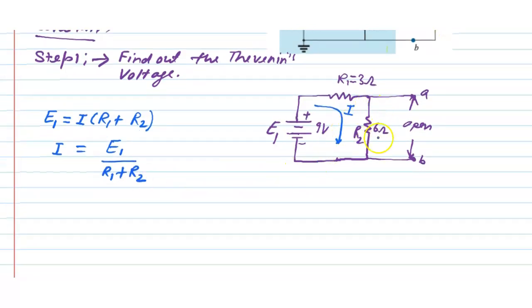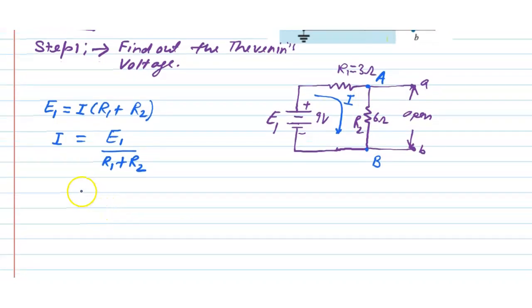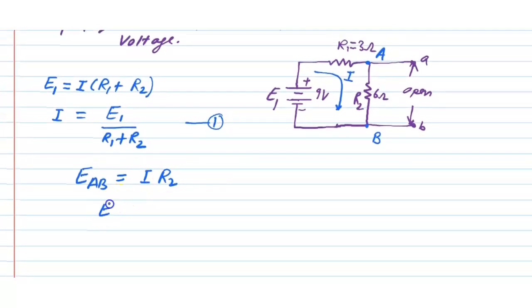Now suppose this is the point capital A and this point is capital B. If I find the voltage across these two terminals, then EAB is equal to I into R2, and with the value of I from equation number 1, EAB will be E1 R2 divided by R1 plus R2.